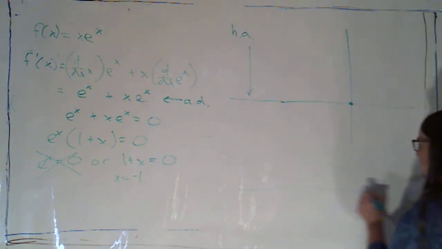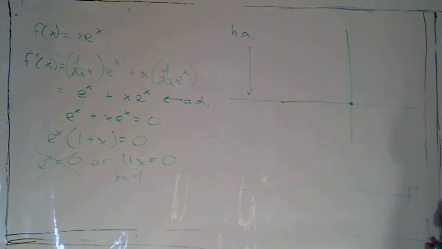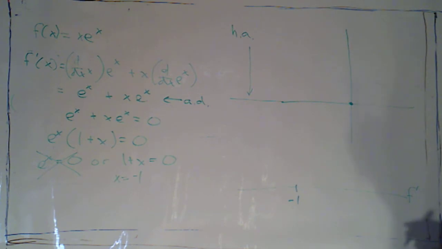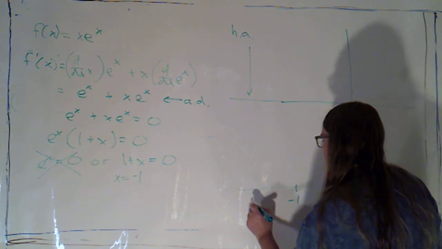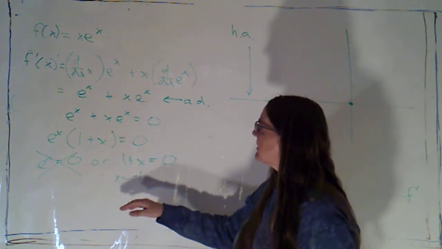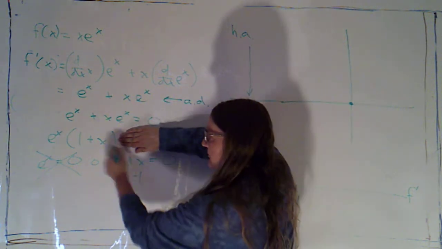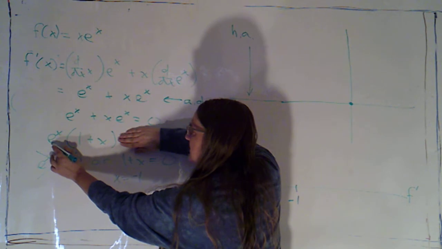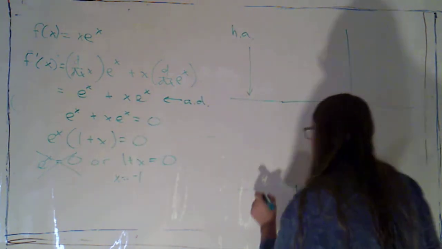Okay, so I'm going to draw my number line for f prime. I'm going to mark off negative 1. That's my critical number. And then I'm just going to pick some test numbers. So if I pick, let's say, negative 2, if I plug that into the derivative, and I prefer to plug into the factored form, so that's just the left-hand side here of this equation, that's always positive, but 1 plus negative 2 would be negative.